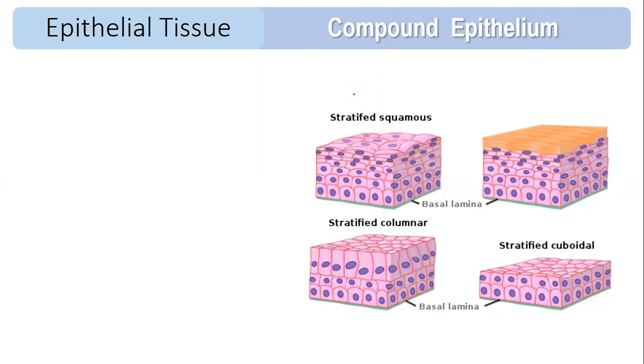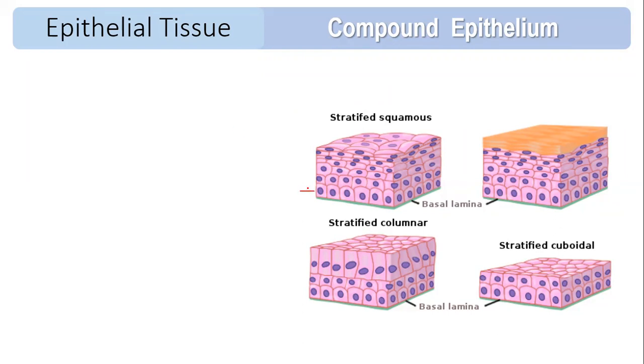Okay, you can see over here, in case of the stratified epithelium, that is a characteristic of the skin. So what is here, you can see that the first layer, that is toward the base, can you see this?